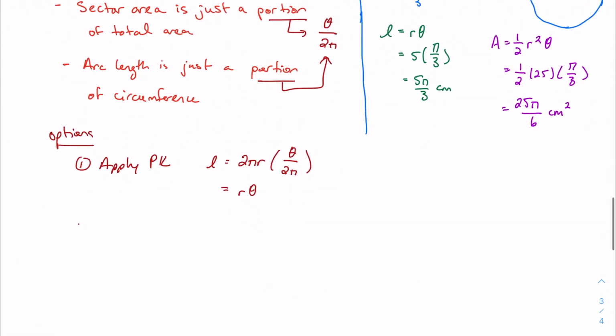Or if you want to, the formulas really aren't that bad, and if you want to just memorize them and say L is r theta and A is 1/2 r squared theta, you absolutely can, but your memory isn't as strong as we like to believe it is. So whenever I can, I like to use my prior knowledge, but I understand that a lot of times it requires a deeper grasp of the thought process.